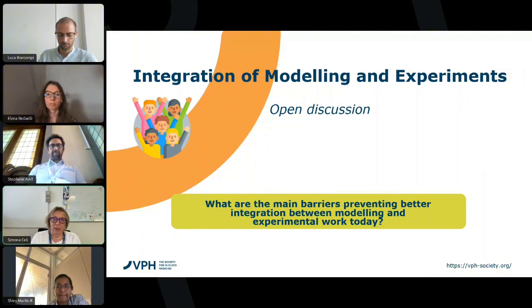So maybe also for this reason, it is not so easy to integrate the same approach under the umbrella of modeler and experimenter. It is also not so easy to replicate what a computational model can do in terms of experiments, but it's true also vice versa.